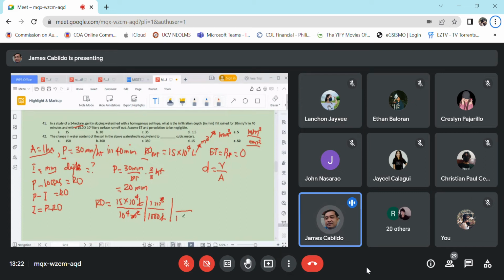In 1 meter, there are 1,000 mm. The 1,000s cancel, and the 10 to the 4th cancels as well. What's left is mm, and the meters cancel. So we are left with 15 mm.